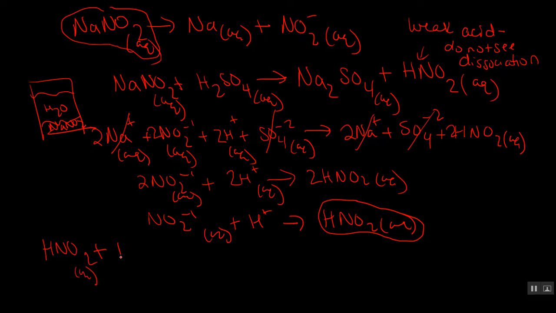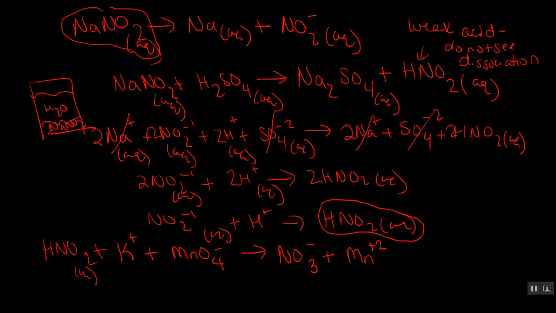So this nitrous acid and permanganate is actually producing nitrate and manganese and some water, so we're going to have some hydrogen ions in there.